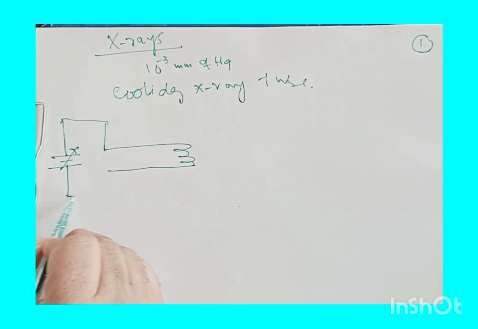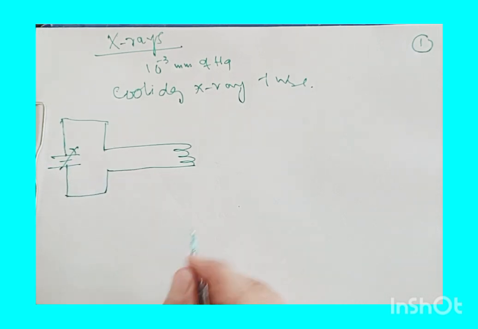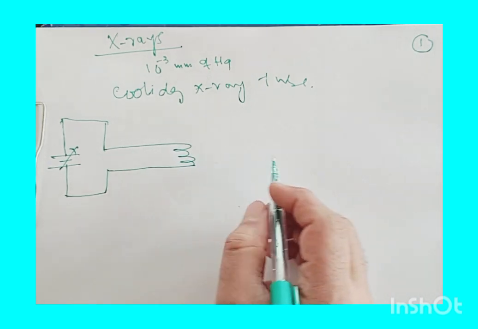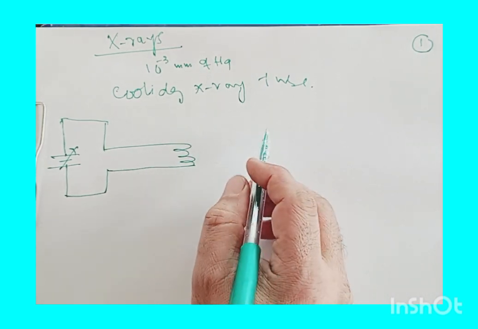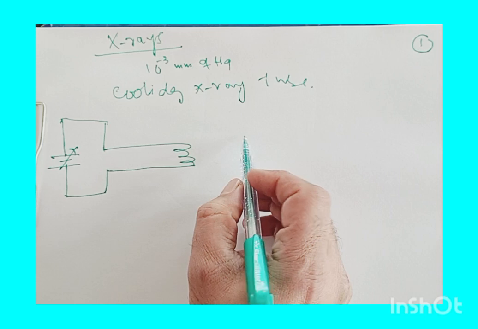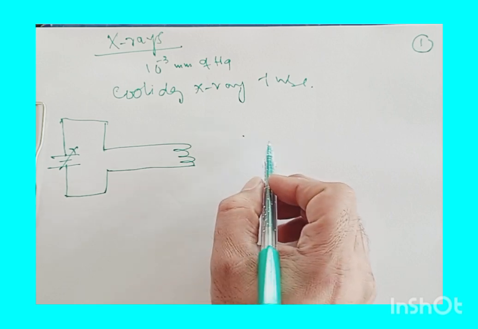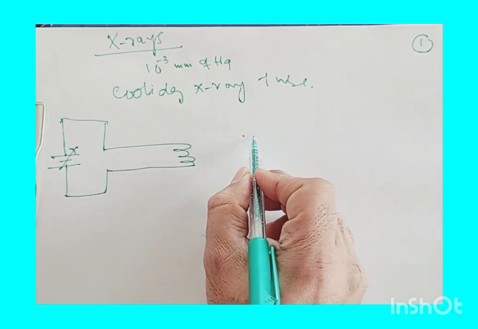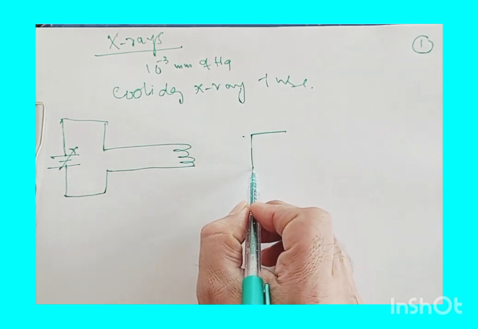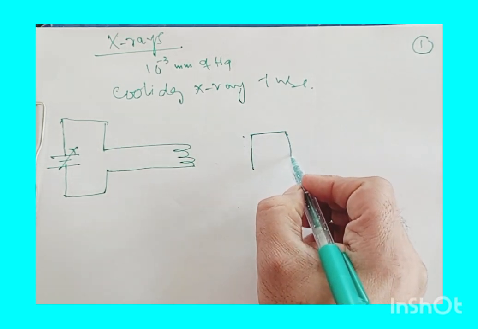From this filament we produce electrons using thermionic emission. And then we have a plate, a target plate, and we draw it like this.